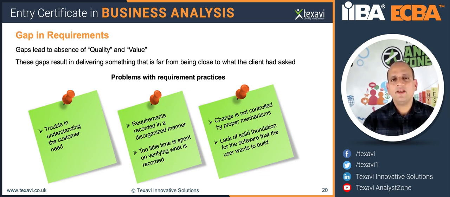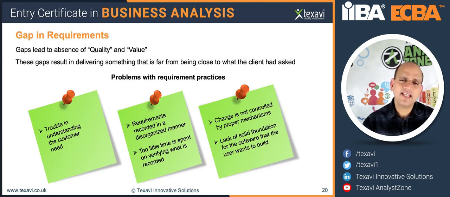And the reason, when they did a lot of the studies, why is it happening? At the end of the day, the outcome is that there are so many problems and so many root causes for the failures, but the one main cause is down to requirements.